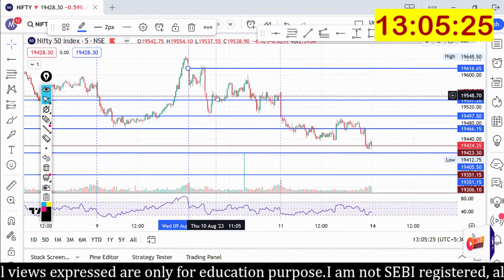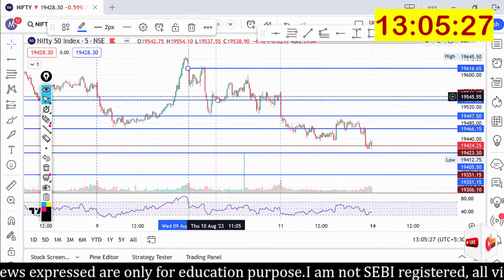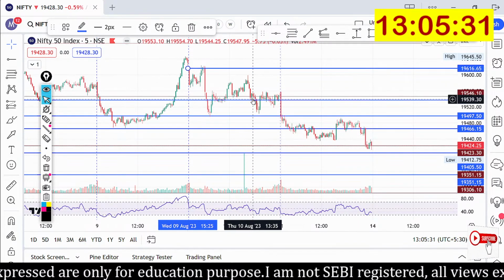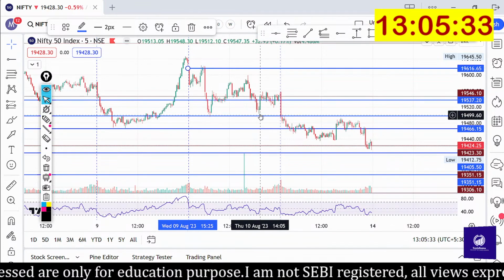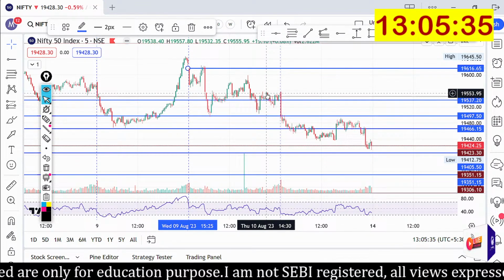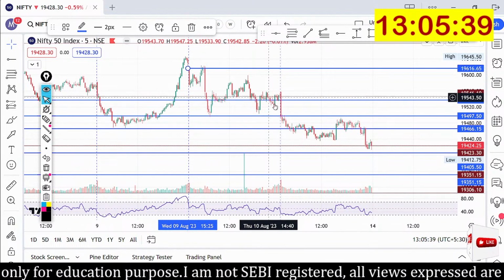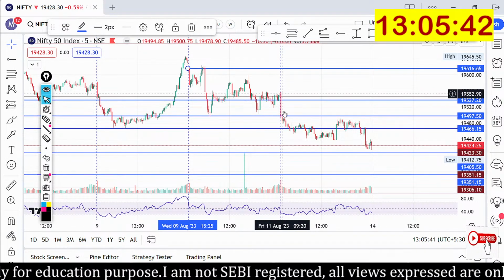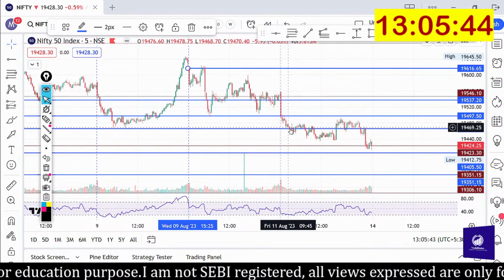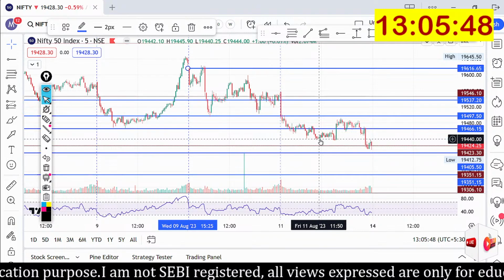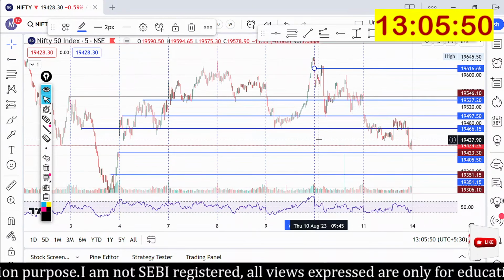Again it went towards the major resistance, came down, took the support, again went up, fell down, came down again towards the support, again tried to take the resistance. It failed to take this resistance out. Next day, fall. It is trying to take the support around these levels. Then fall. Again some kind of support is taken.